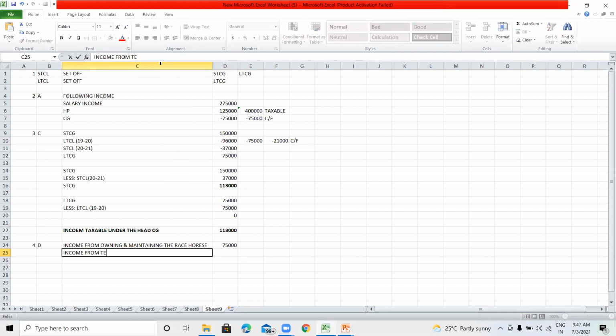Income from textile business, for the example, is 85,000 rupees.